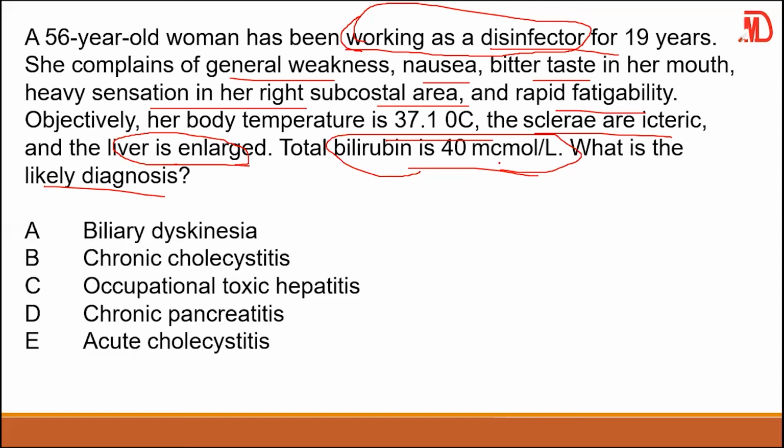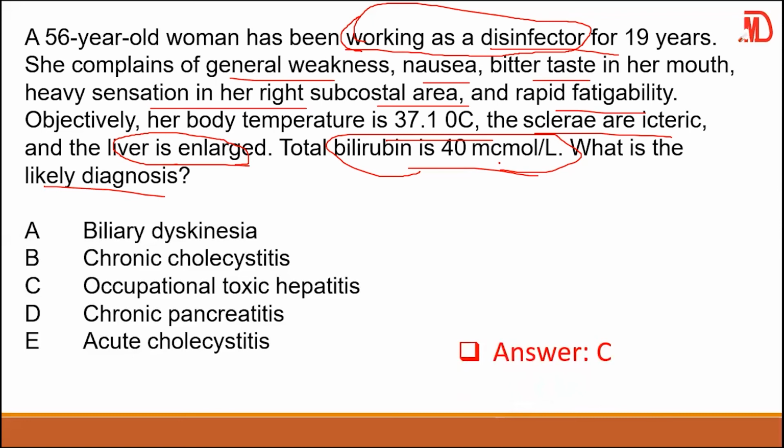Alcohol. But this is not about alcohol; it is because of the exposure to the chemicals in the disinfecting equipment or the substance that they use to disinfect. And that's why over here we are looking at C as our likely diagnosis.